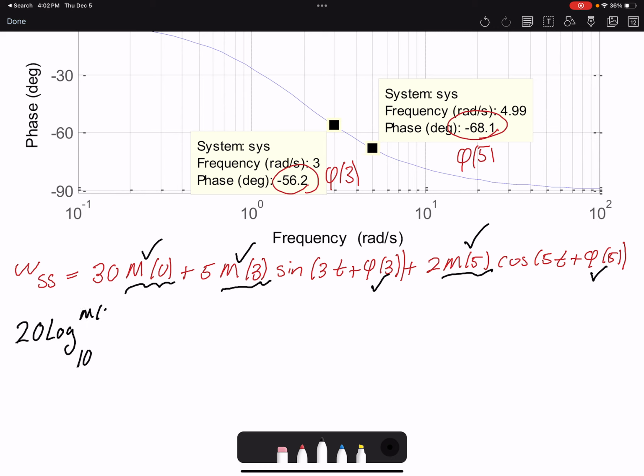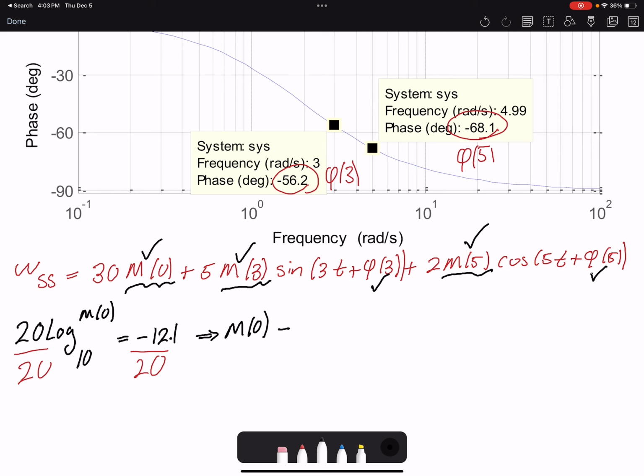For M0, it is negative 12.1 decibels. If we really want to find M0, I divide both sides by 20, and then 10 should be raised to the power of negative 12.1 over 20 to get M0.